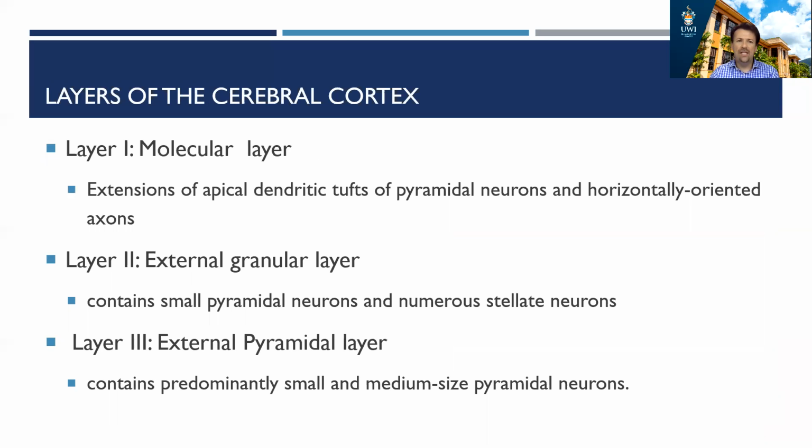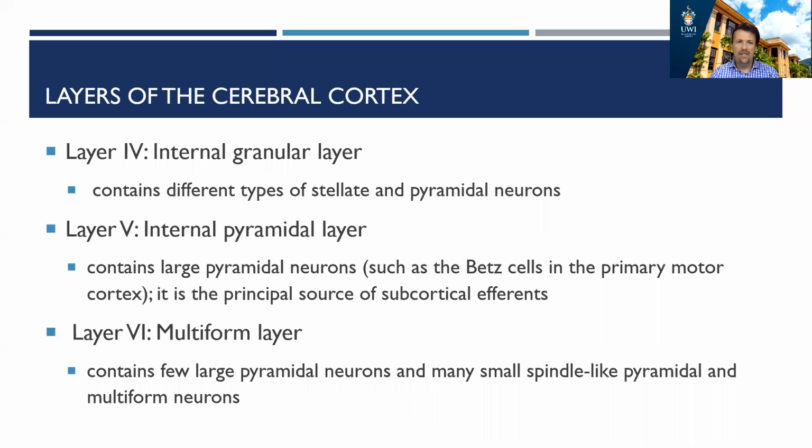Now, this outer layer of cortex has a very regular arrangement of 6 layers. I'm not going to go into that in great detail with you. You will study this in your other courses, in your anatomy courses. But I just want you to appreciate that these layers, layer 1, the molecular layer, layer 2, the external granular layer, layer 3, the external pyramidal layer, layer 4, layer 5, and layer 6, represent the fact that the cortex is very well organized.